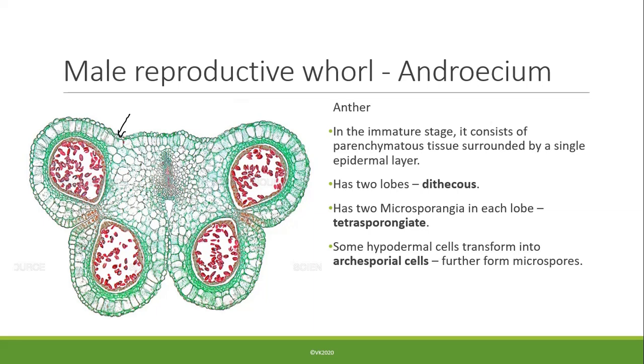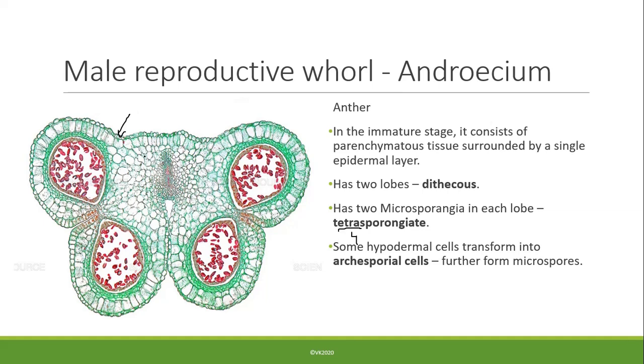So, if you see, each lobe, that is this unit, has 1 and 2 microsporangia. And overall, we have 1, 2, 3 and 4, which means we have 4 microsporangia and hence it is called tetrasporangiate, which means it has 4 regions where sporogenous tissue is present.